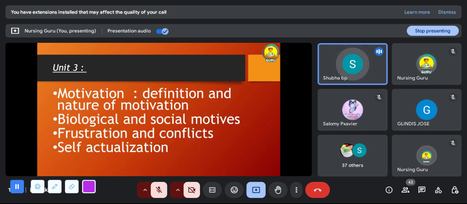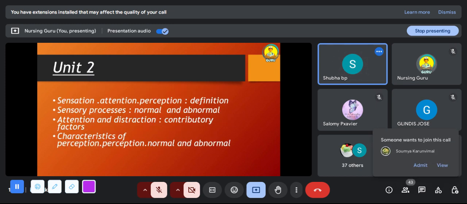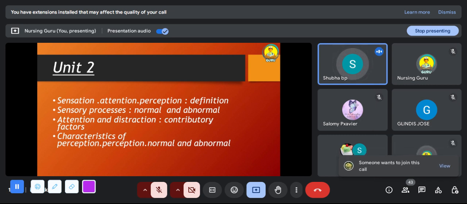And the next thing you are going to study in unit 2 is the characteristics of perception and normal and abnormal perception. In this you are going to study the characteristics and definition of perception. And in perception there are two types: one is normal and another one is abnormal.